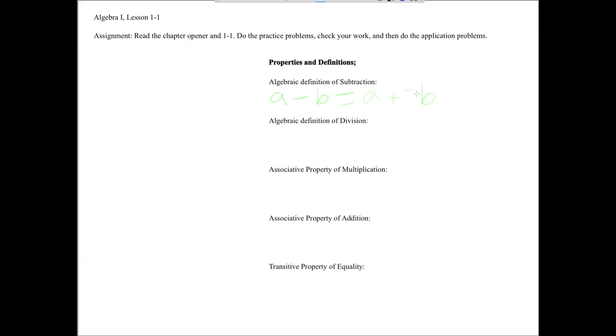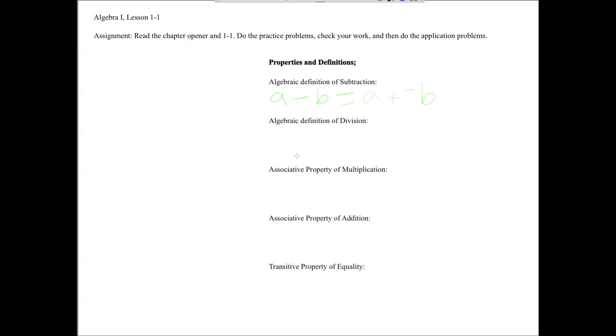When we say the opposite, the reason I say that rather than negative b is I don't know what number b is. It might be a negative number, in which case the opposite of the negative number is going to be a positive number. So whatever b is, I'm taking the opposite of it when I put in this addition sign.